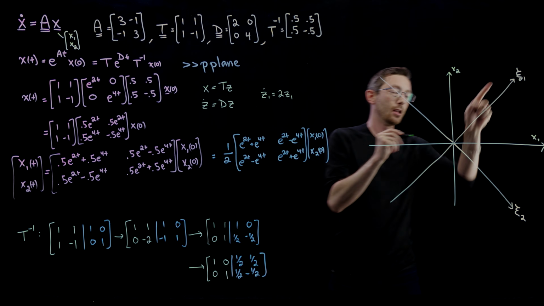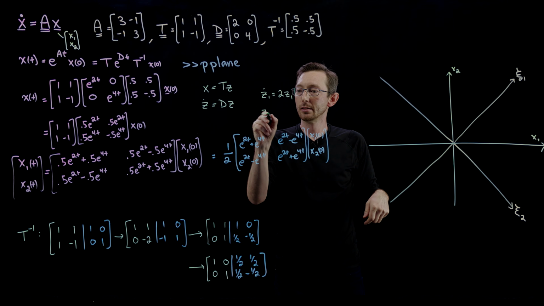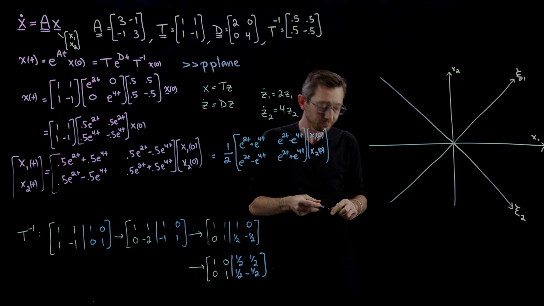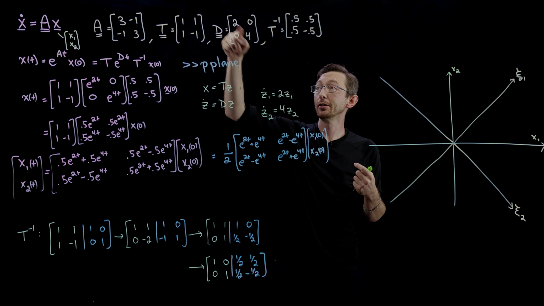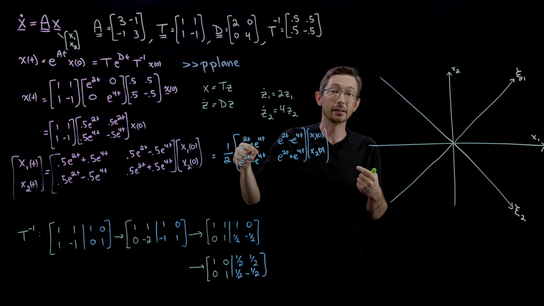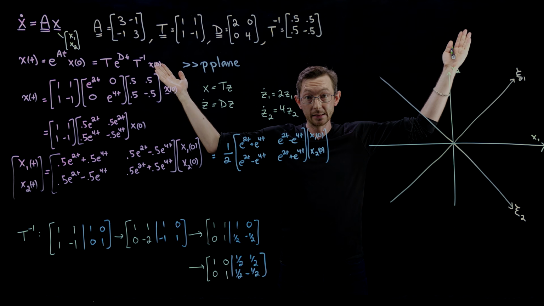In this direction, these are the dynamics. And in this direction, z2 dot equals 4 times z2. Now, these are both unstable, because my diagonal eigenvalues are positive. I get e to the positive 2t and e to the positive 4t dynamics, which means both of those blow up to infinity as t goes to infinity.